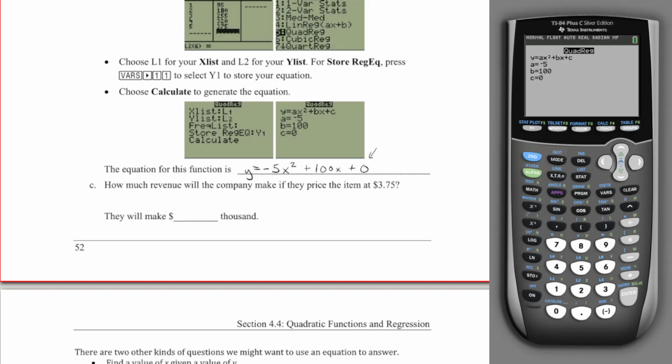And of course, adding 0 doesn't do anything, so we can skip plus 0. I will usually write down the plus 0 when I first write down the equation, just so I know I didn't forget about it. But then later on when I'm using the equation, I'll stop writing that down.